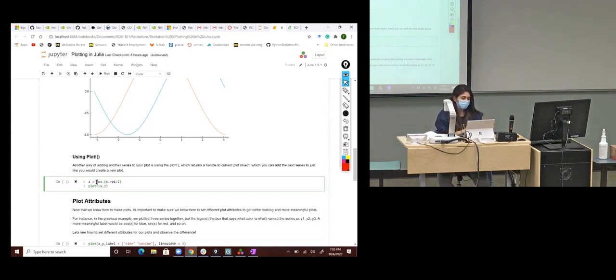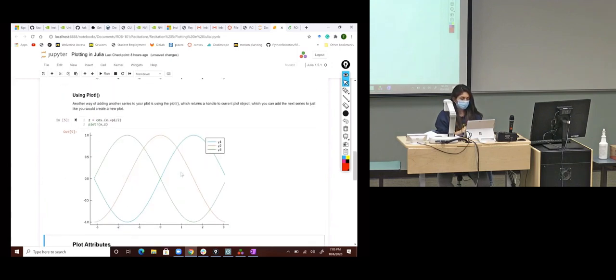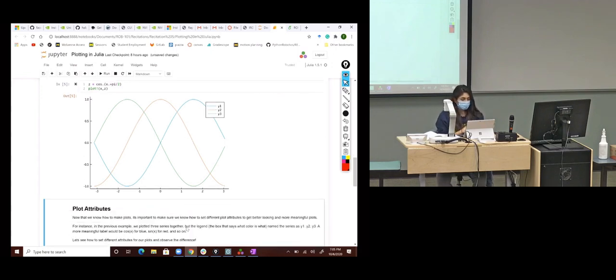So it basically just applies cosine to this new vector. If I plot it, it will go on the same plot, and it will recognize, okay, there's a new variable y3, which is a shifted cosine wave by 90 degrees. And then this is what it looks like.